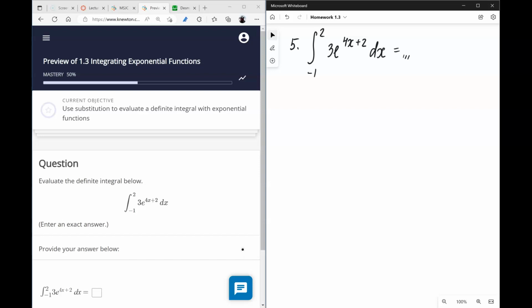So the first approach is we're going to focus on finding this indefinite integral first. So I'm going to take out 3, and I'm going to replace 4x plus 2 with a linear substitution, t.